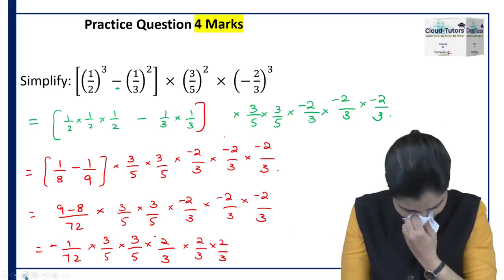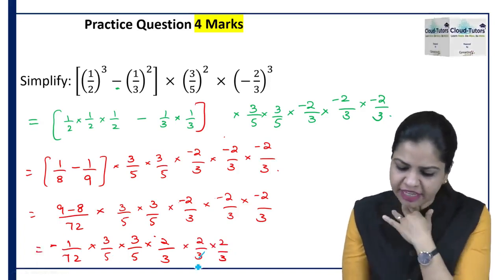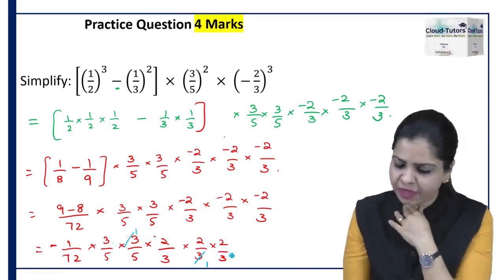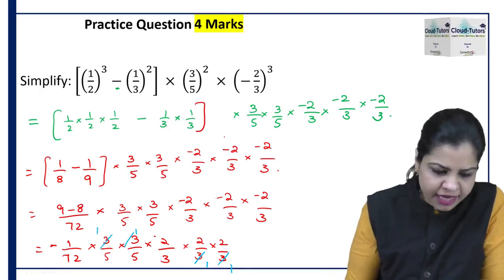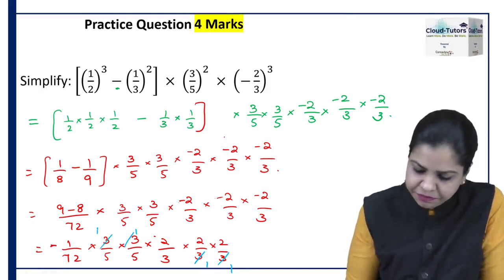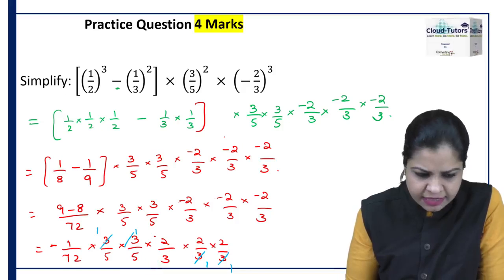Now cancellation. 3 ones are 3, and then 72 I have. Let's simplify this. Can I simplify the 5?